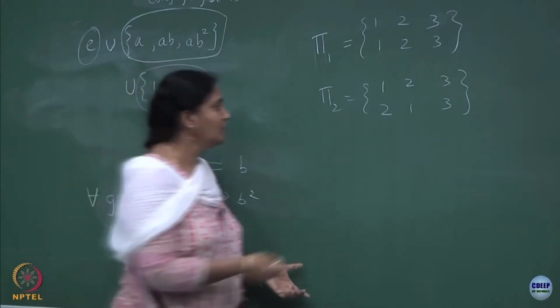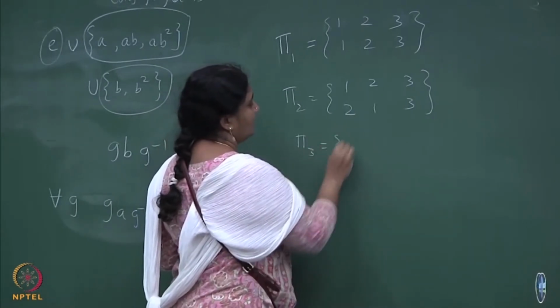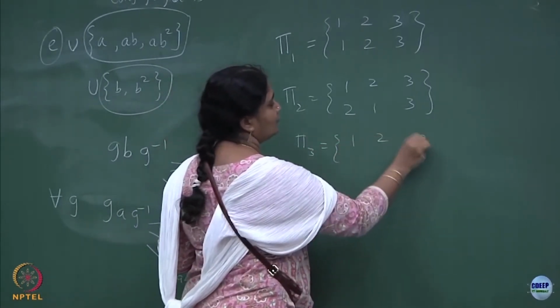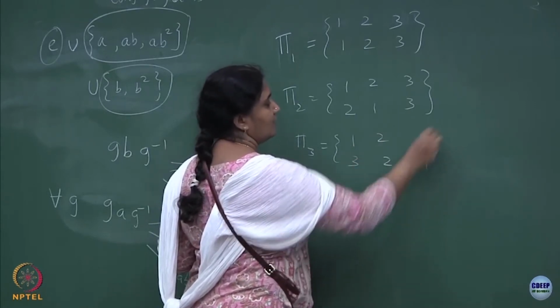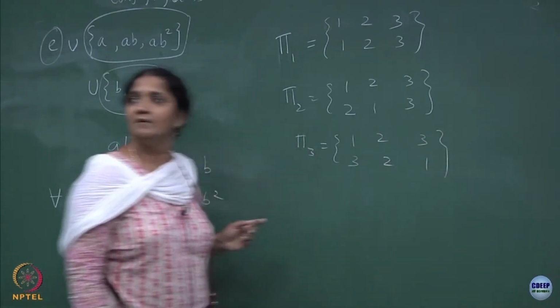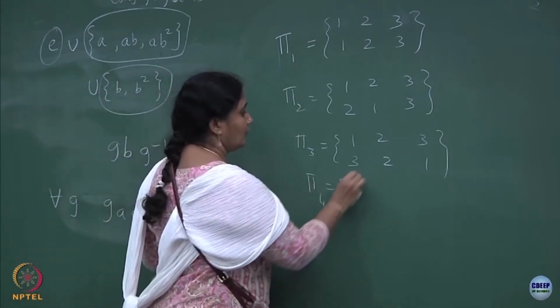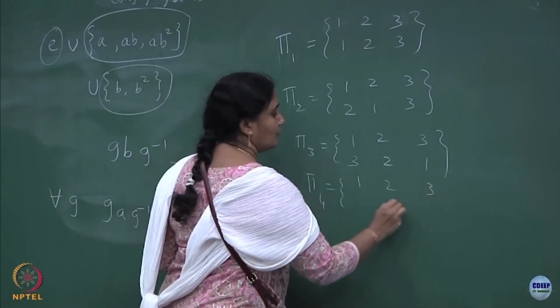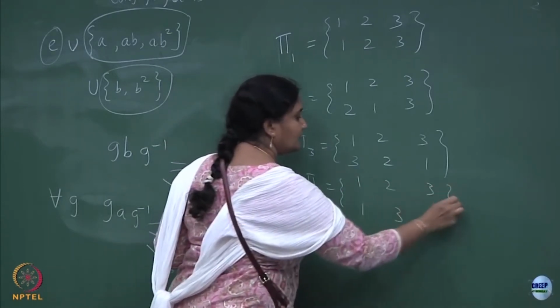What is the other one? You can have pi 3 with 1, 2, 3, let us say 1 goes to 3, 2 is not touched. This is one possibility. You can have pi 4, 2 can go to 3, 3 can go to 2 and 1 is not touched.